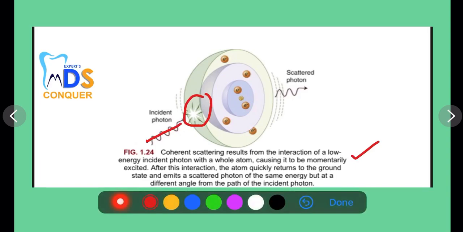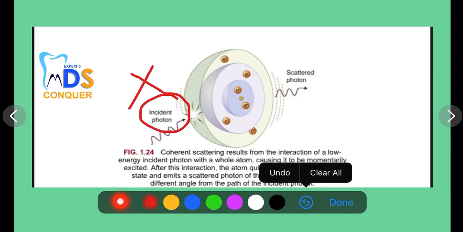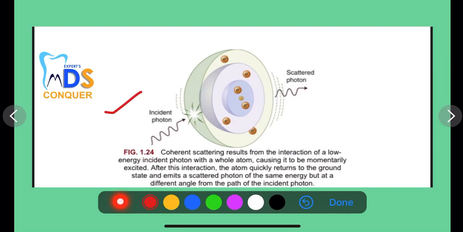Now the incident photon ceases to act, and the electron comes back to its ground state. This interaction emits a scattered photon with the same energy but at a slightly different angle.